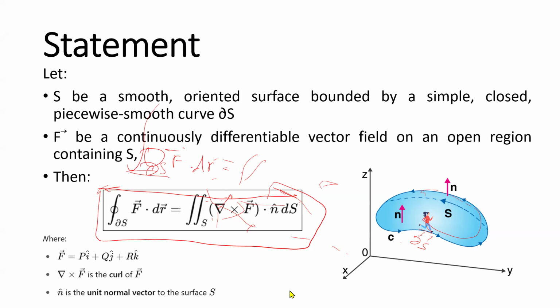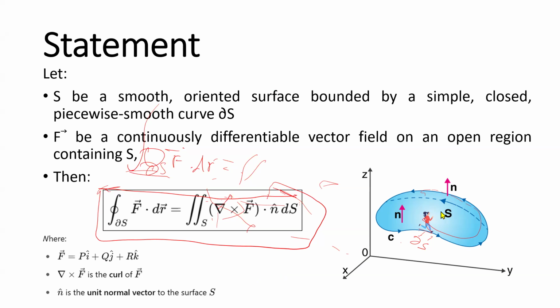We need to see how we can apply it to different problems and formulas, where F equals P i cap plus Q j cap plus R k cap, and del cross F means curl of F, and n is the unit normal vector across the surface.